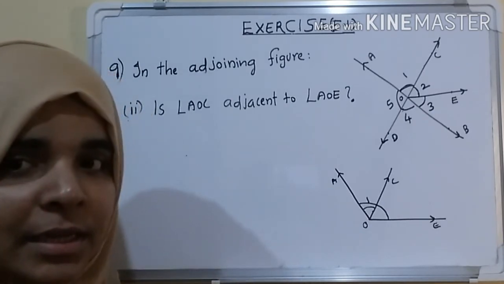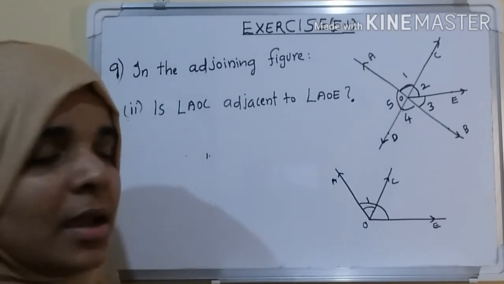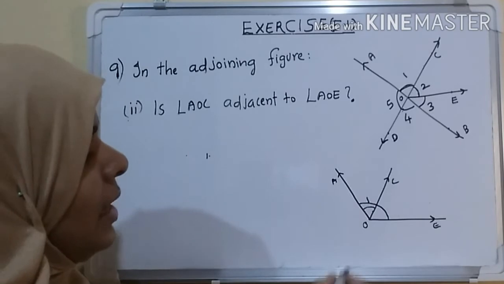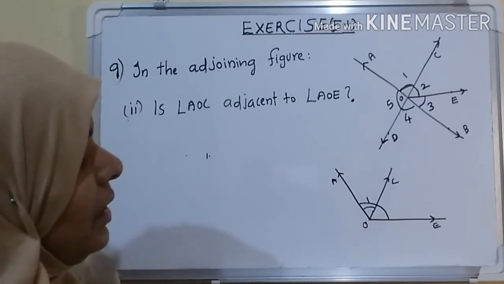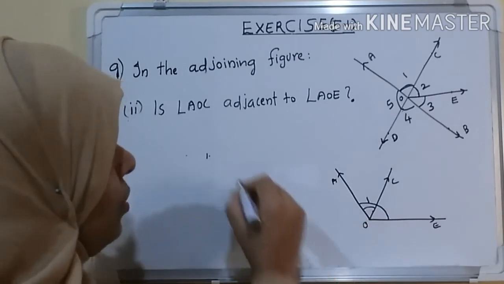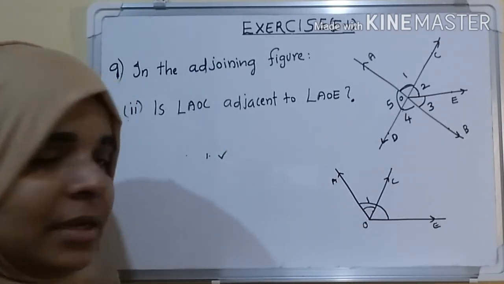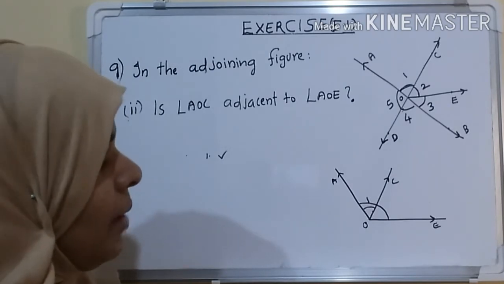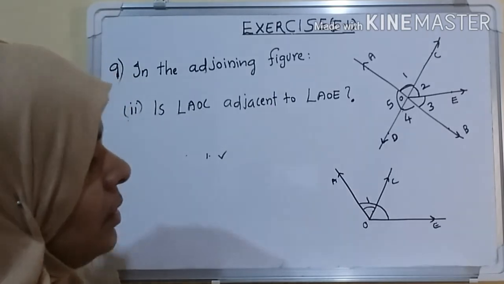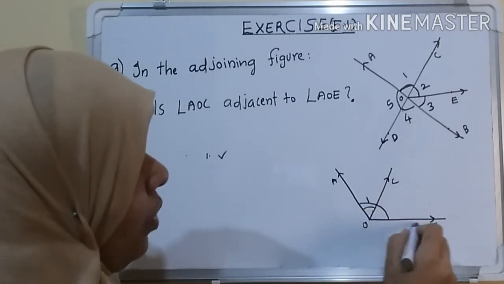Then what are the conditions? Just before, I said what the conditions are if two angles are adjacent angles. First, the two angles meet at a common vertex. Here these two angles meet at a common vertex O. The first condition is satisfied. Then what is the second condition? They have a common arm. Here, angle AOC and angle AOE.